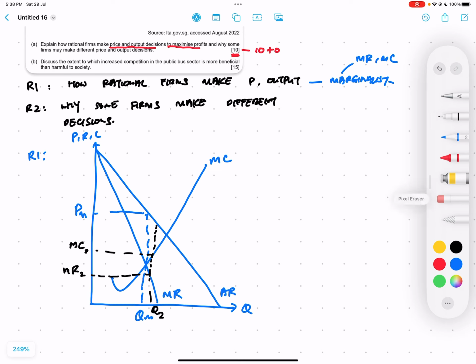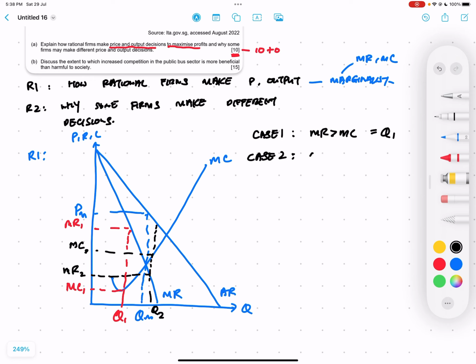And then you also have the other case, in the red color region, where MR is here, MR1, Q1 is here, then MC would be here. So you look at case number 1 where MR is more than MC, at Q1, and case number 2 where MC is more than MR. Then you describe what's happening for the two cases.